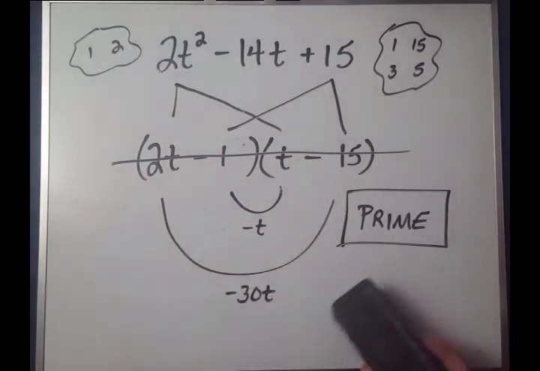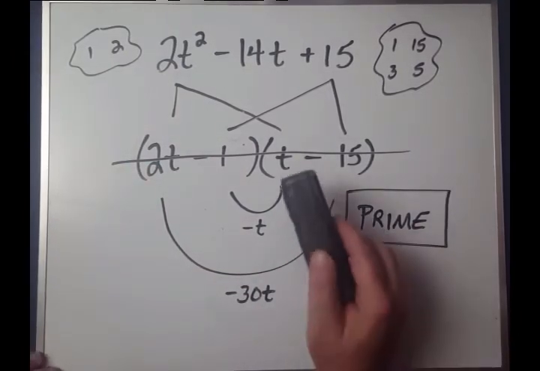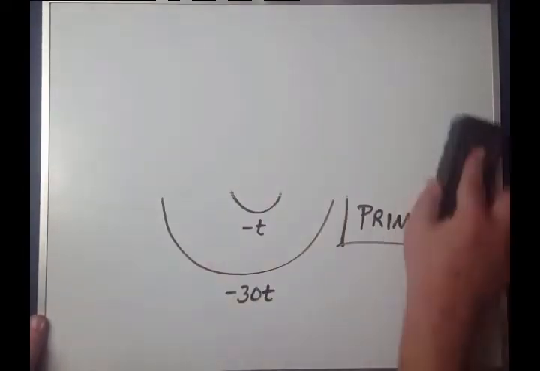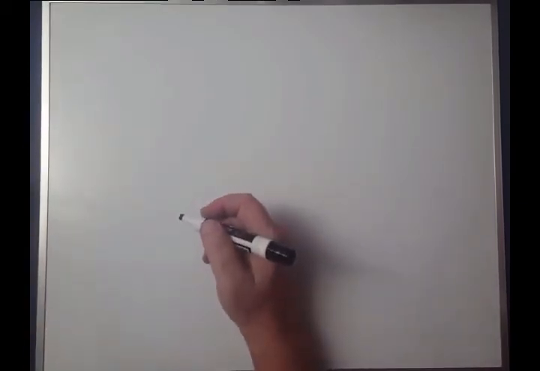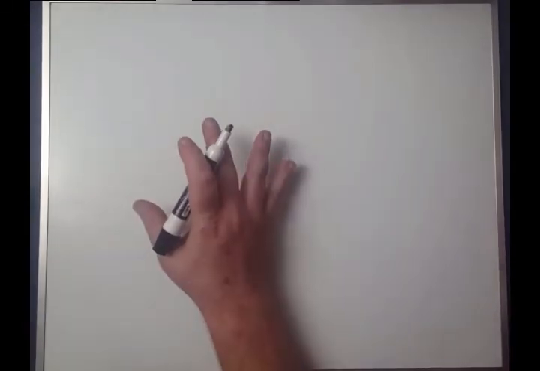So why aren't we just doing that method? Because this method is faster. This trial and error, this unfoil method, is faster, especially the more you practice it. Our guaranteed method is slower. It takes more time. But if you get stuck, it is guaranteed to work every time.